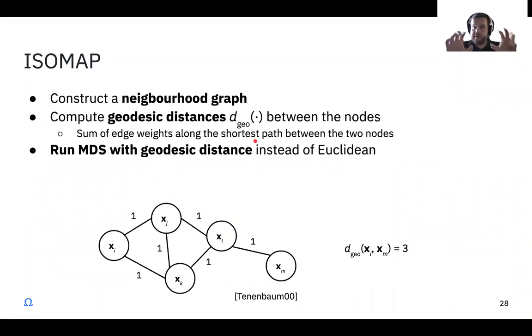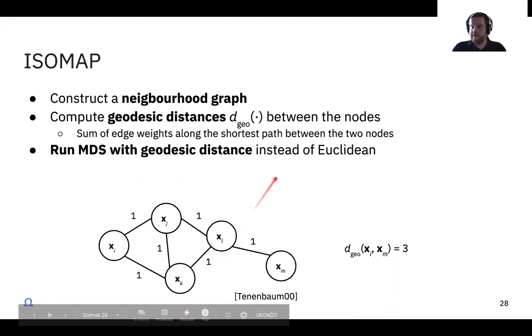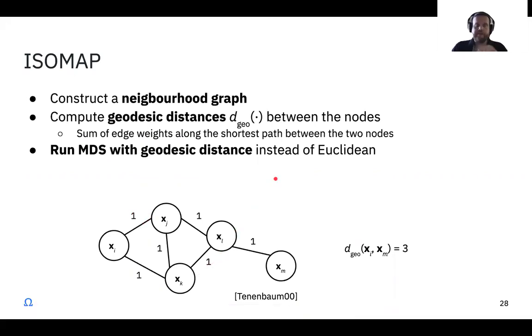ISOMAP imposes a graph structure on top of our data, and then tries to minimize the stress. Basically, minimizing stress in ISOMAP means that you're trying to keep the graph structure as preserved as possible in your lower dimensional space, in your manifold space.